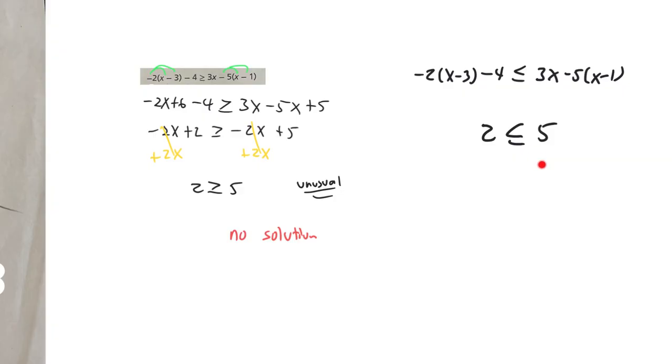Now, what would that have meant? Well, that would have meant that this is a situation that is true. So 5 is indeed greater than or equal to 2. So whenever you have a scenario at the end of the x's canceling where it's true, well, then it's infinite solutions.